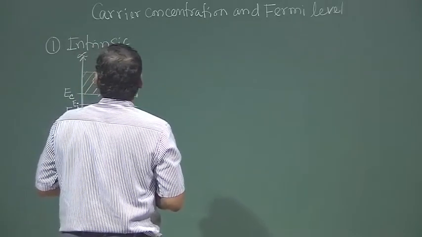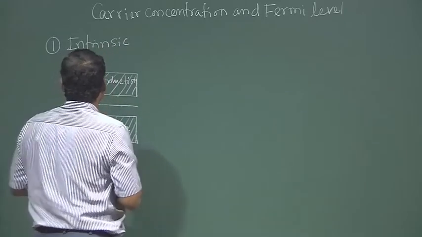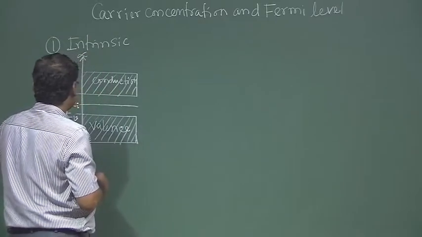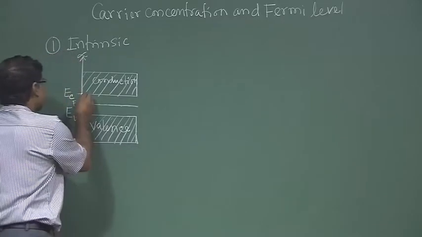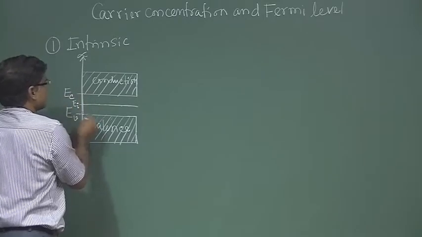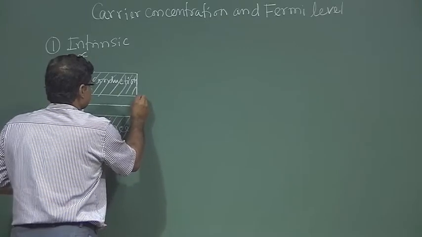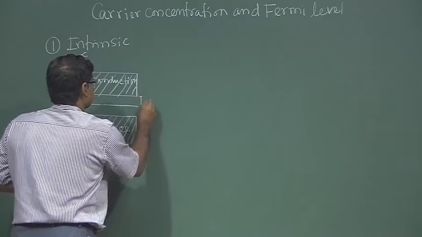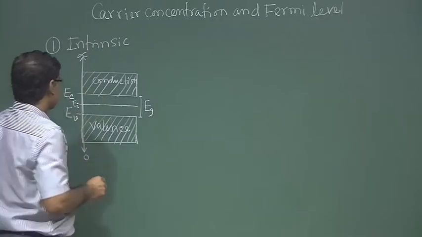So, in this case this is the band diagram, and the energies E c, E v and E I, and another is this energy gap, which we write as E g, the energy gap between the conduction band and valence band.